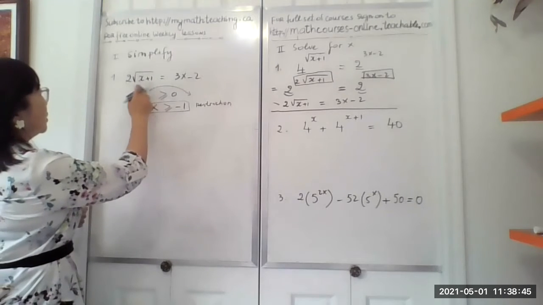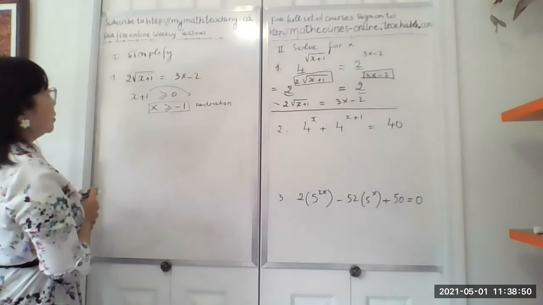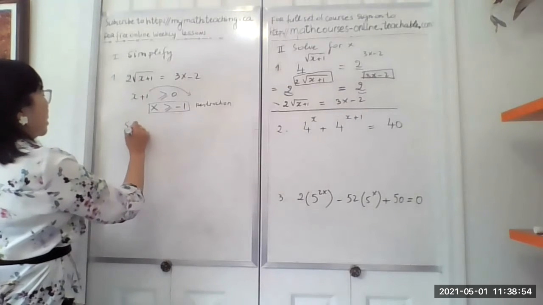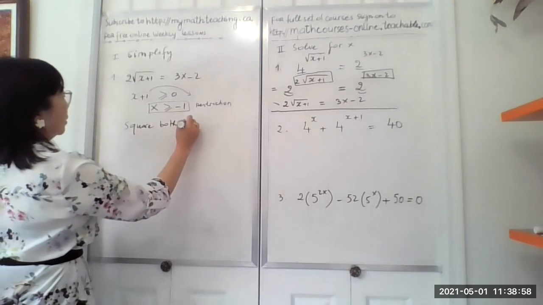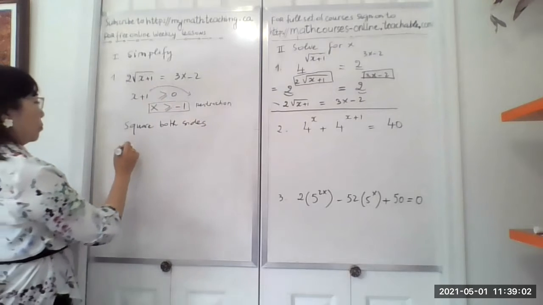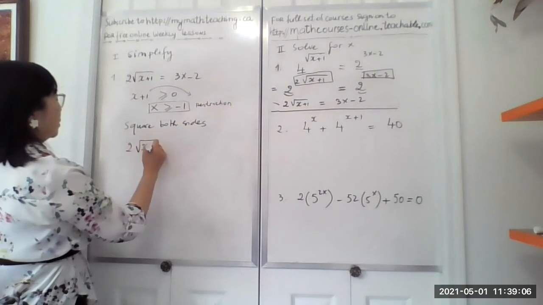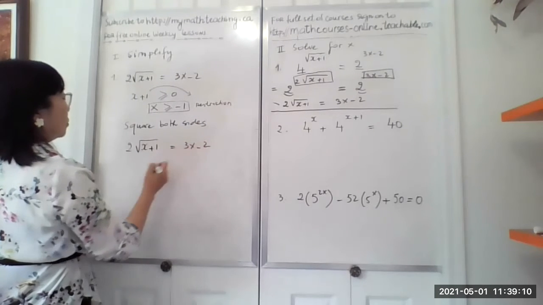So to solve this equation, what I'm going to do is square both sides, right? Square both sides so that I can get rid of the radical. So that will become 2 square root of x plus 1 equal 3x minus 2.